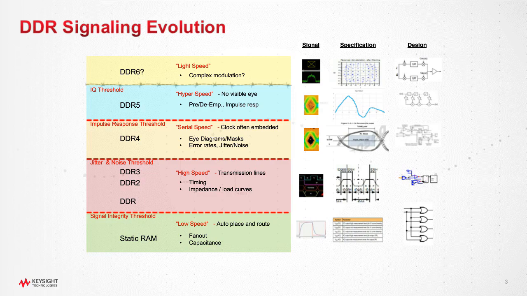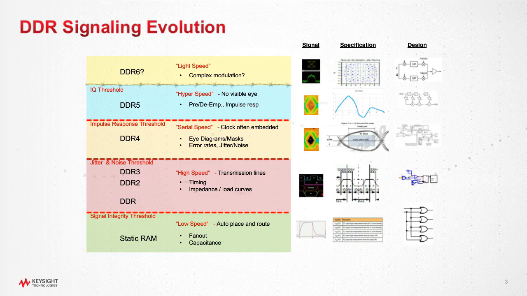But then you reach a certain point where you can't ignore the fact that the signals, the interconnect, are a transmission line, and you have to take that into account in how you do your designs and how the spec is written.